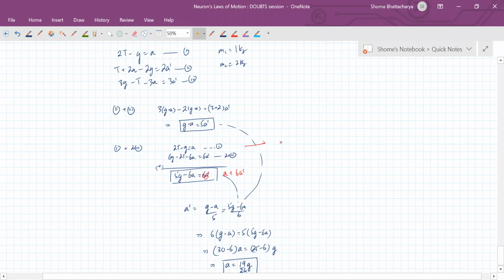So let's write this like this, that this is 2t minus g minus a is equal to 0. And this equation is 6g minus 2t minus 3a, sorry, minus 6a.